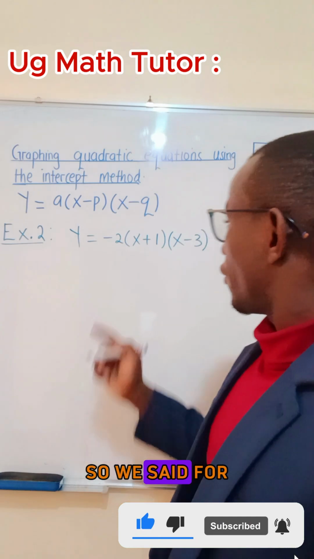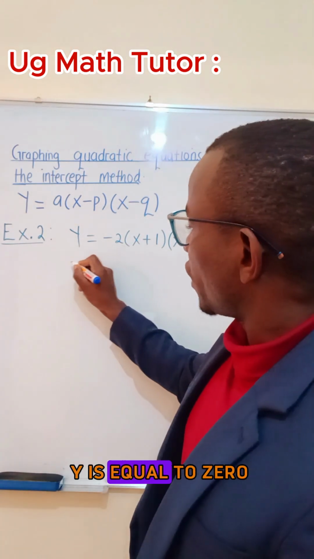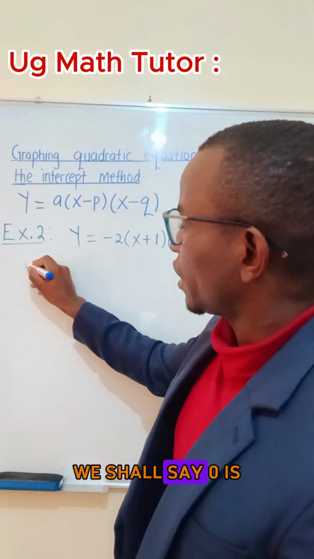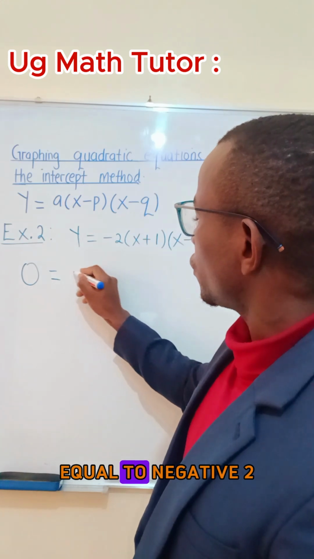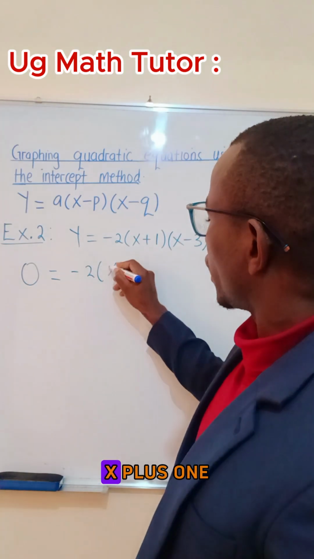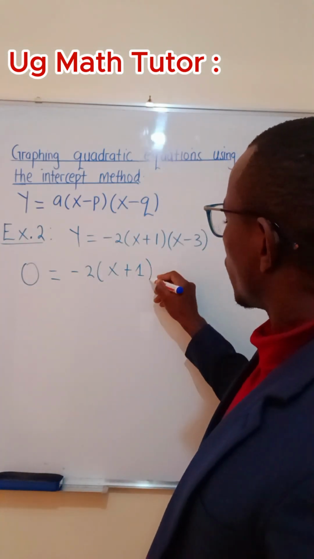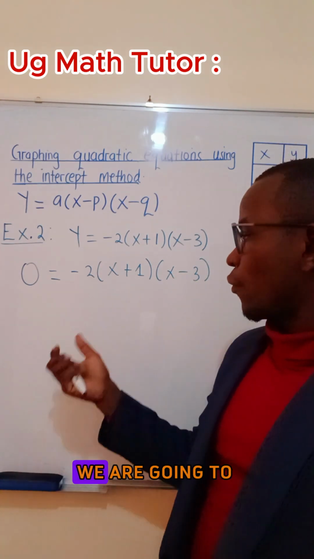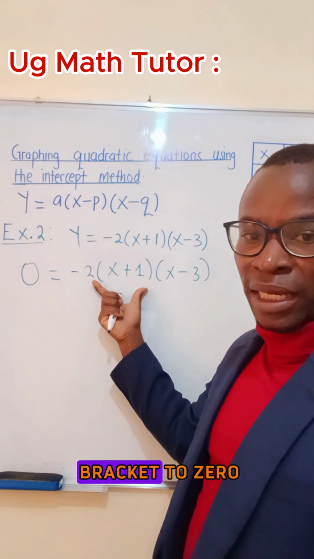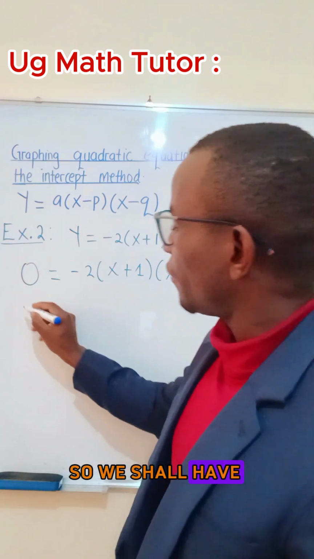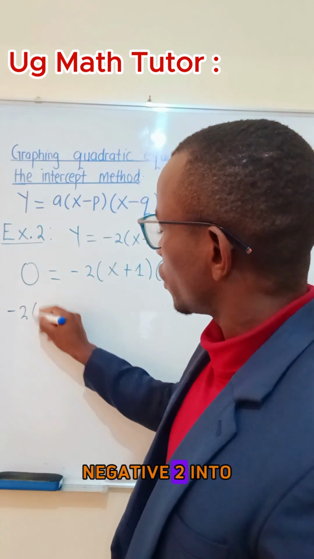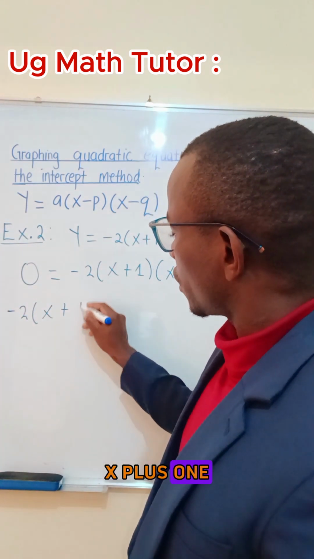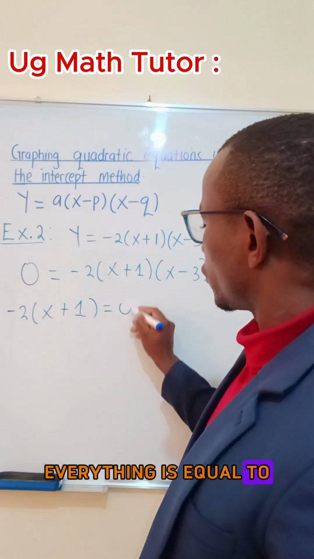So we say for x-intercept, y is equal to 0. So we shall say 0 is equal to negative 2, x plus 1, then x minus 3. What does that mean? We are going to equate this bracket to 0. So we shall have negative 2 into x plus 1, everything is equal to 0.